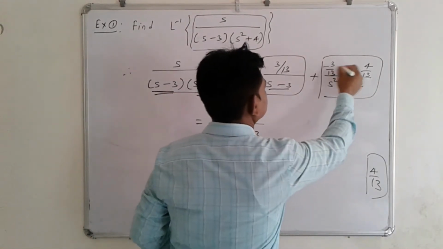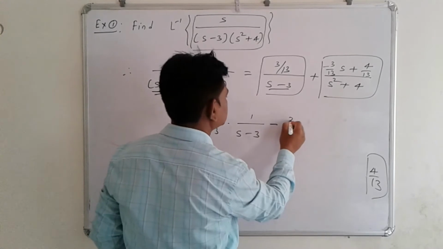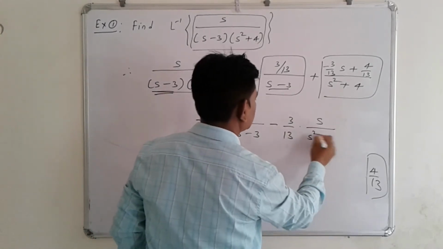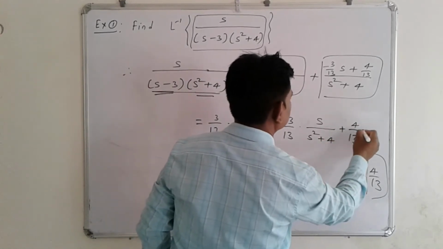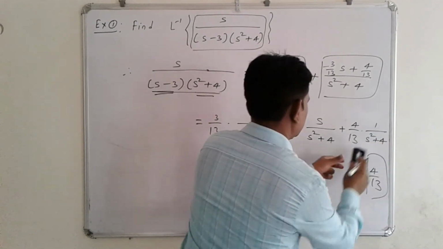Now we are dividing this numerator by the denominator s square plus 4, minus 3 by 13 times s upon s square plus 4, plus 4 by 13 times 1 upon s square plus 4.